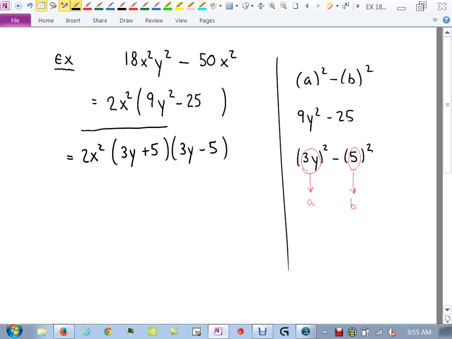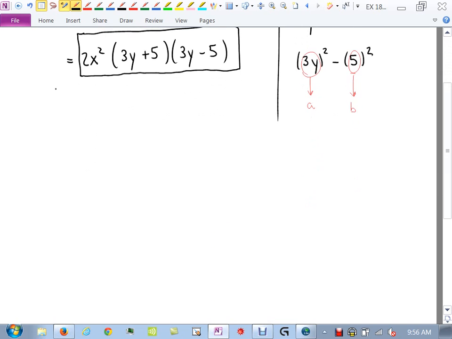That's it. You could put the 3y minus 5, 3y plus 5. Yes, you can change that. Doesn't matter. Any questions on that?